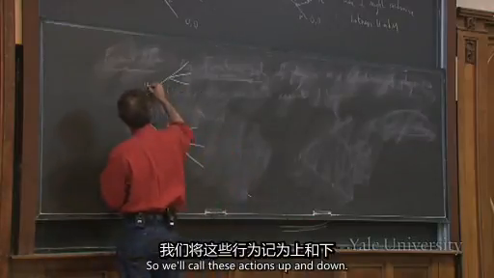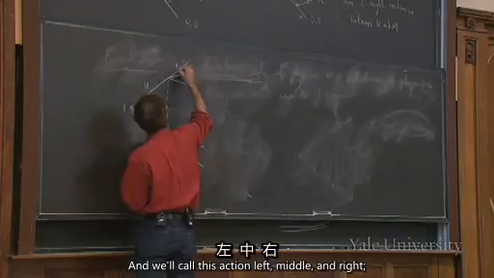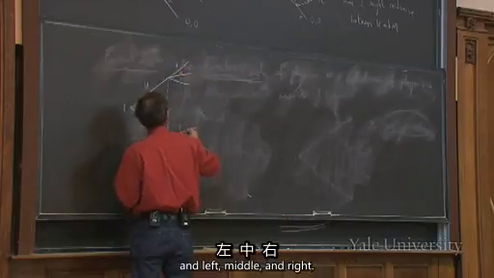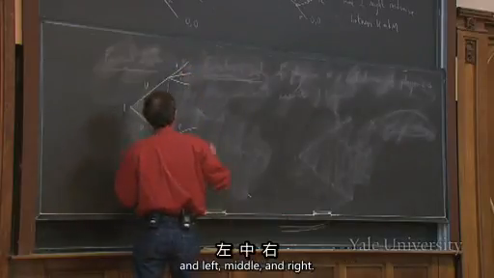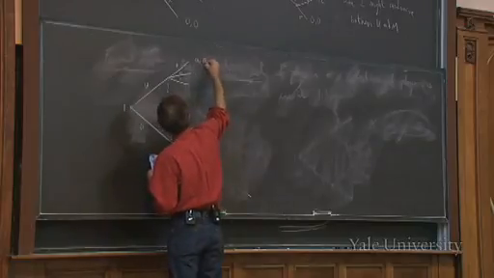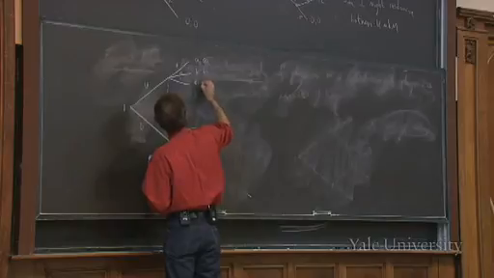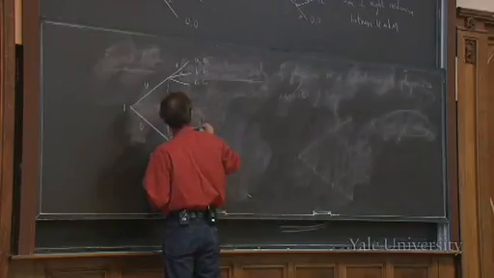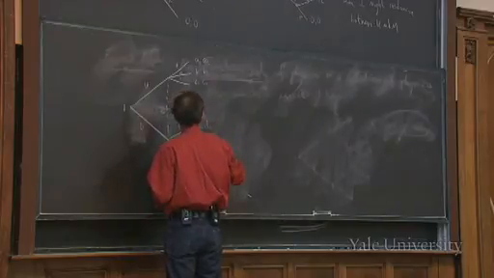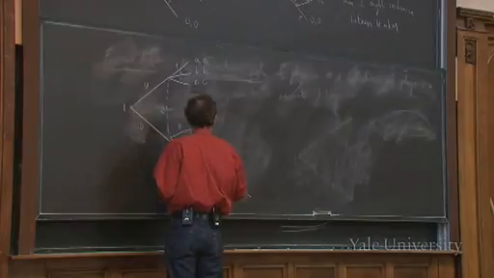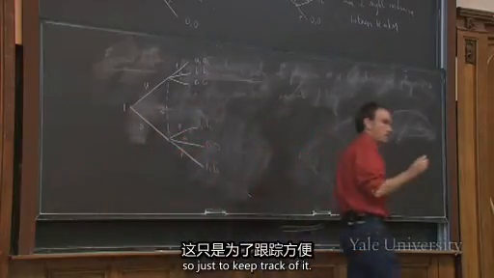We'll call these actions up and down, and left, middle, and right, and we'll call the payoffs A1, A2, B1, B2, C1, C2, D1, D2, E1, E2, and F1, F2, just to keep track of it.